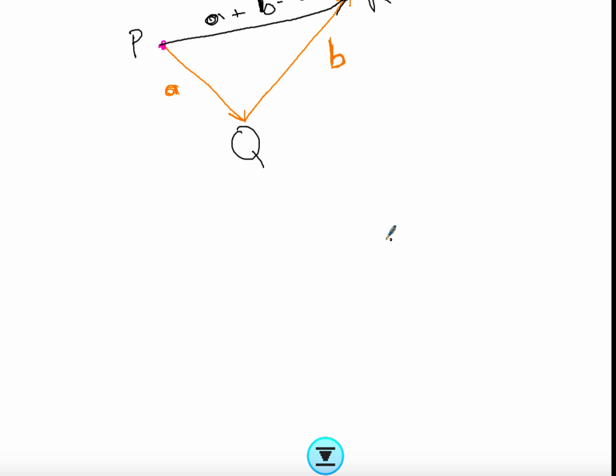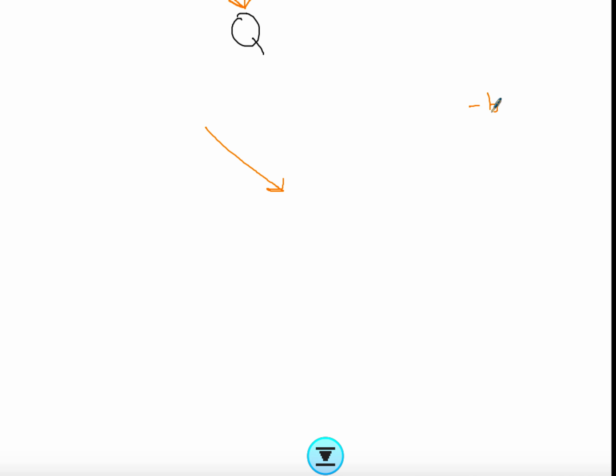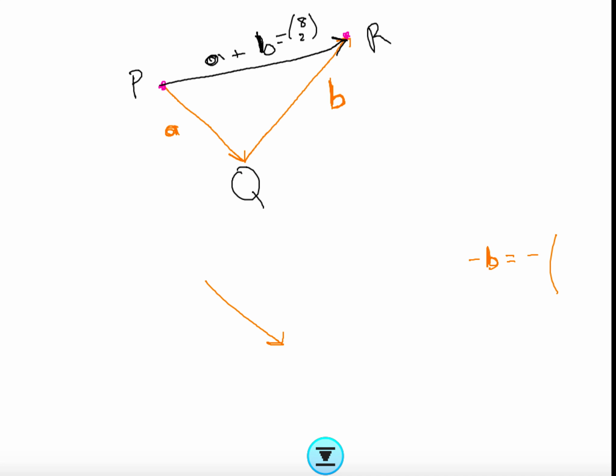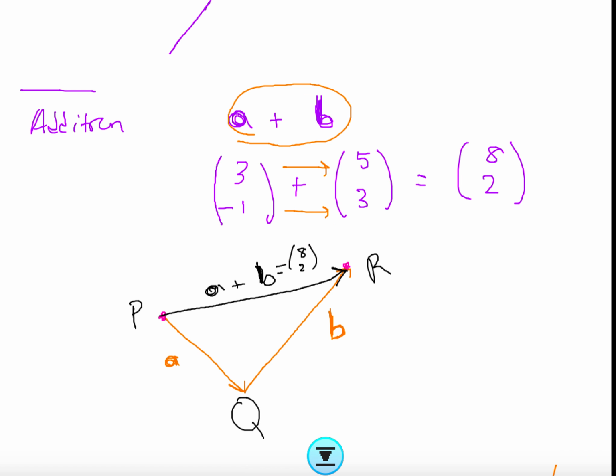Now, if I use the same letters, the same vectors, and I do the opposite, so I'm going A and then I'm going negative B. So I'm not going upwards now, I'm going the opposite direction. And negative B would be a negative of the vector itself, and the vector itself is 5, 3.